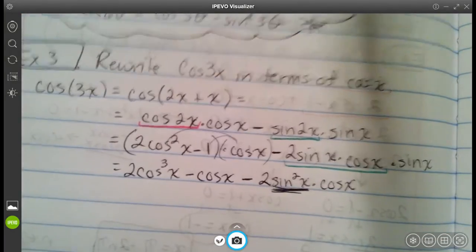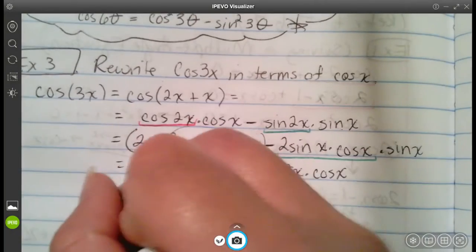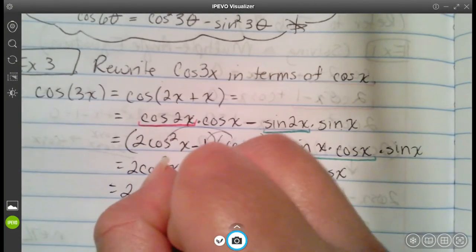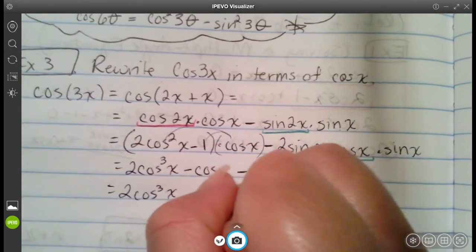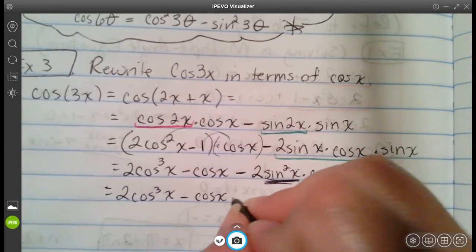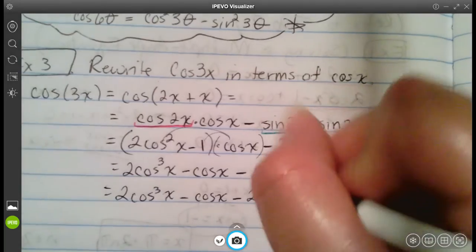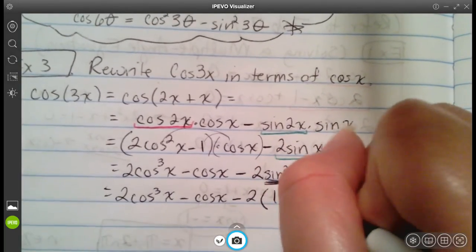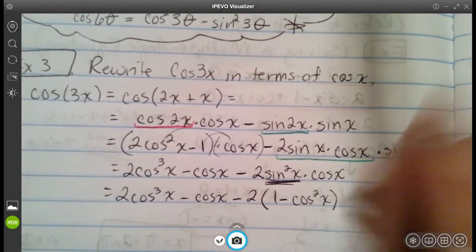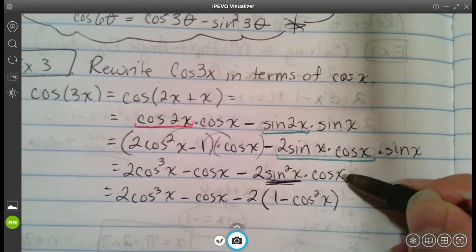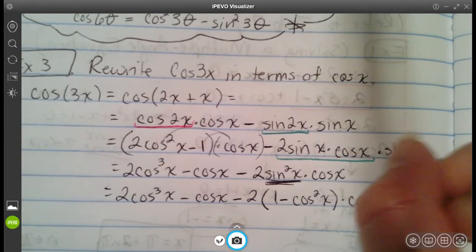So I'm going to put that in there. Now we're going to have 2 cosine cubed x minus cosine of x minus 2 times, and I'm going to replace sine squared x with 1 minus cosine squared x. And I still have this cosine out here, so times cosine of x.